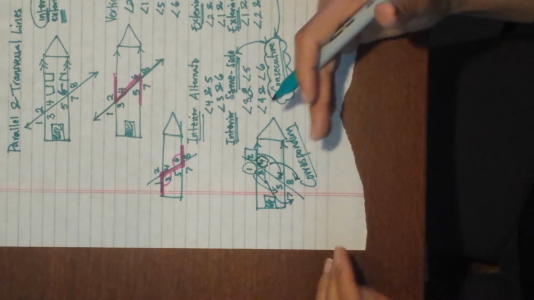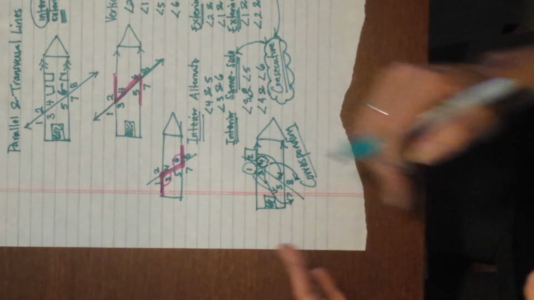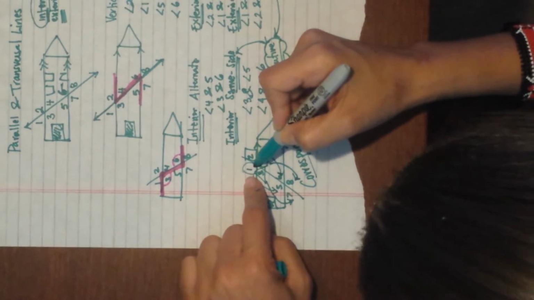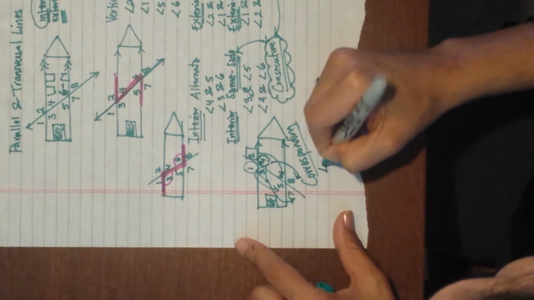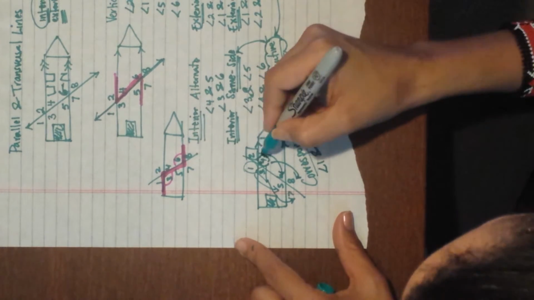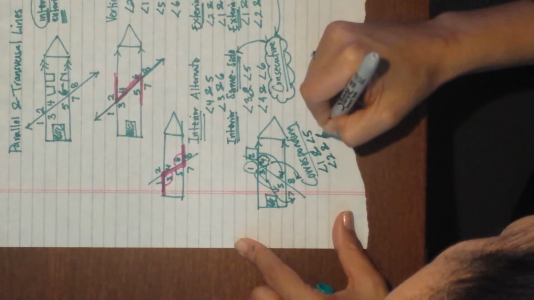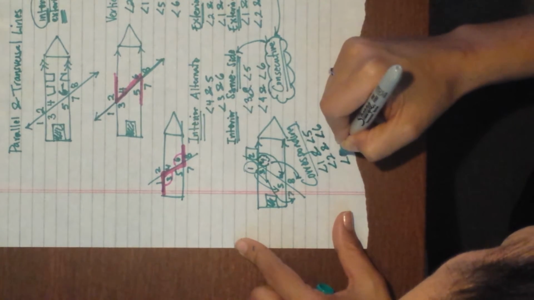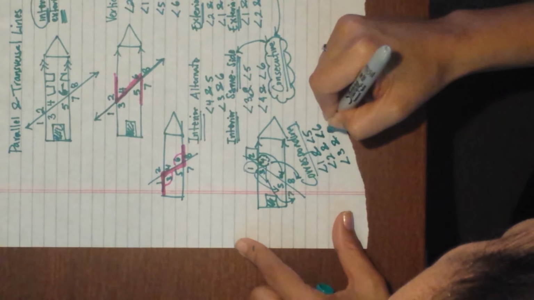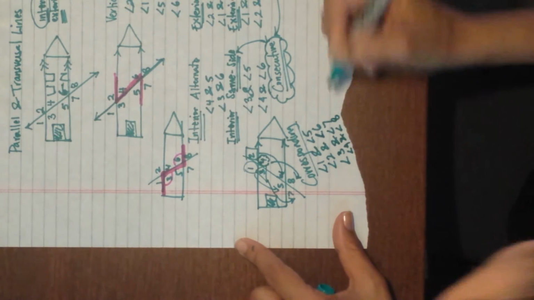Okay, so corresponding just simply means taking a parallel line and moving it down the transversal and whichever angle that corresponds with. So angle 1 corresponds with angle 5. Angle 2 corresponds with angle 6. Angle 3 corresponds with angle 7. And angle 4 corresponds with angle 8.